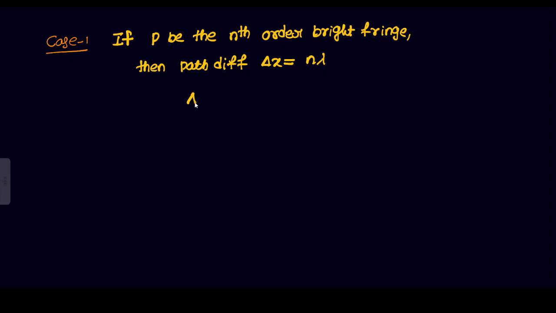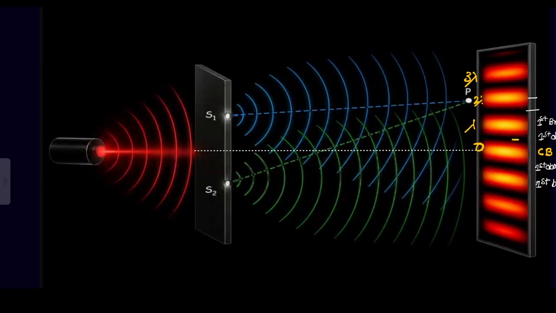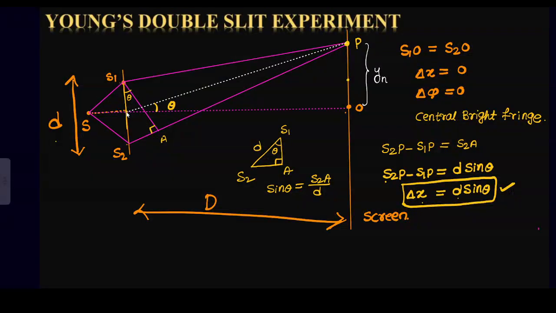And we have seen the path difference delta x, that is S2P minus S1P, which is how much now? d sine theta in this case. If you see what the sine theta is from the triangle, look at this big triangle here. This distance is D, and this is yn.